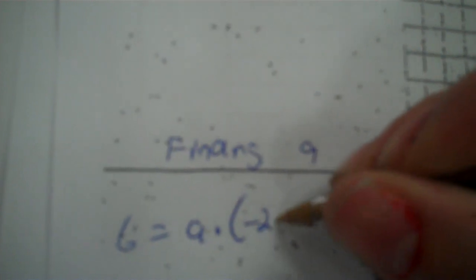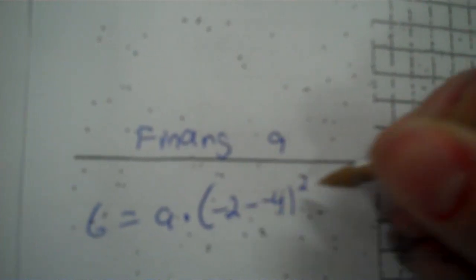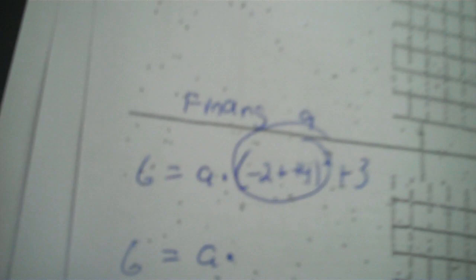So y is 6. And then negative 2 goes in for x. Plus 3. So you figure that out, minus negatives plus plus.